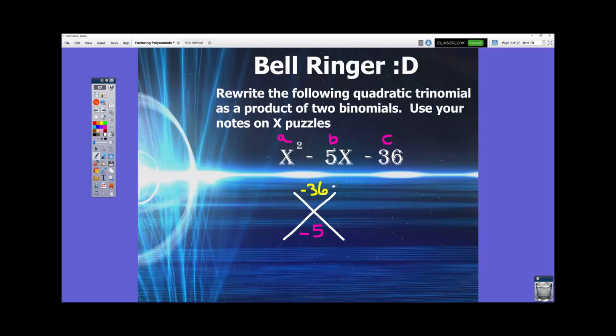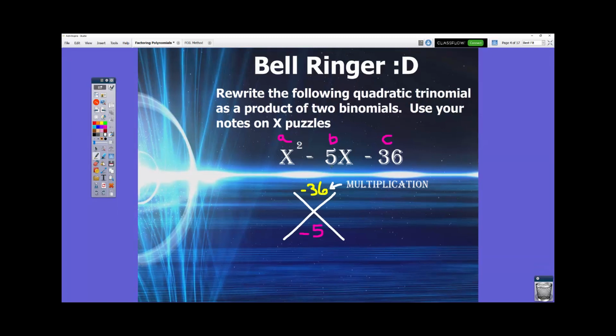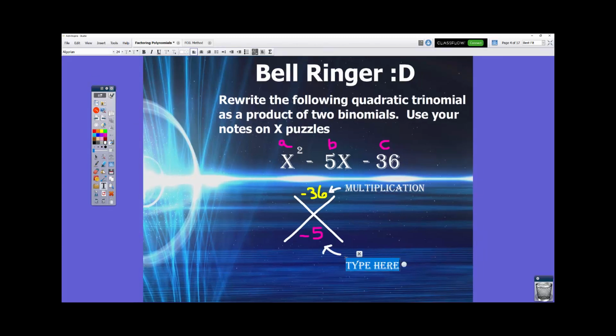So this value right here is created through multiplication. And this value down here, in place of B, this is the value that you get after you FOIL that is created by combining your like terms, created through addition.